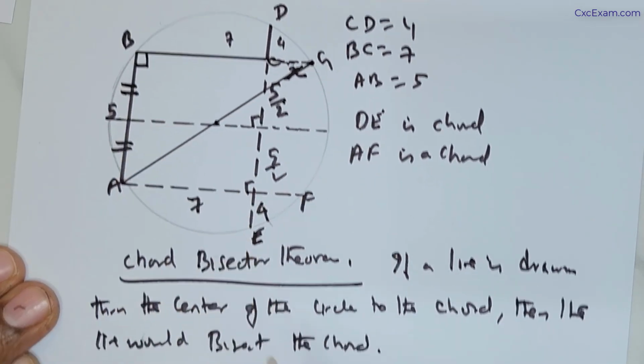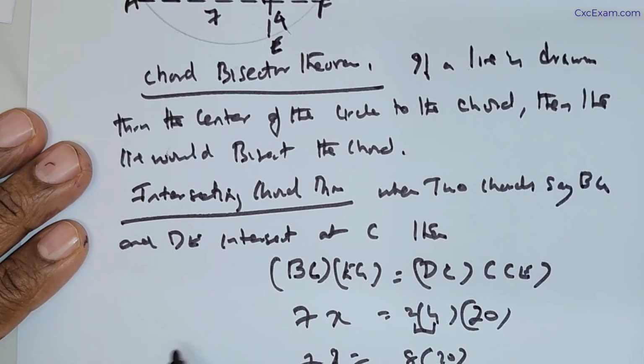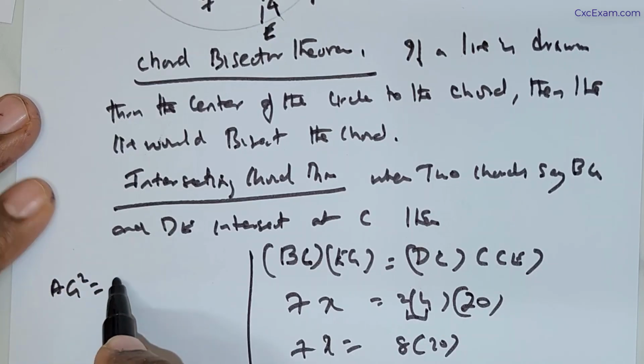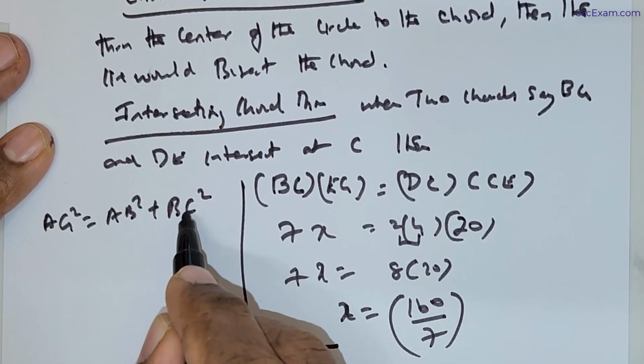Okay, this is a right triangle. So we need to find the diameter. So AG squared is equal to AB squared plus BG squared.